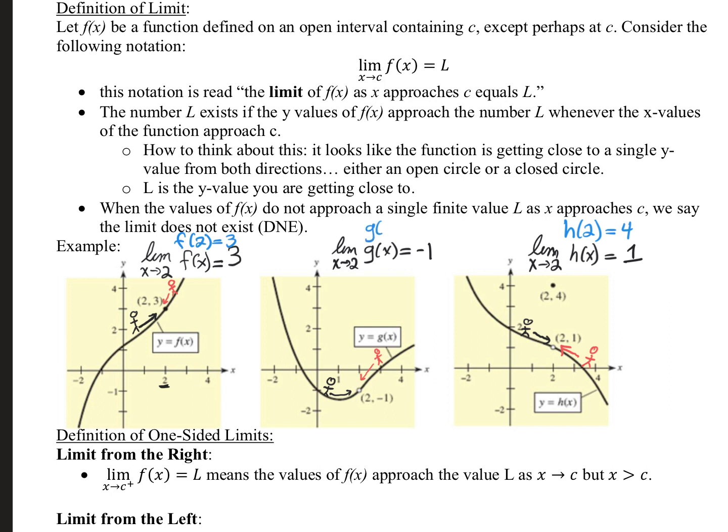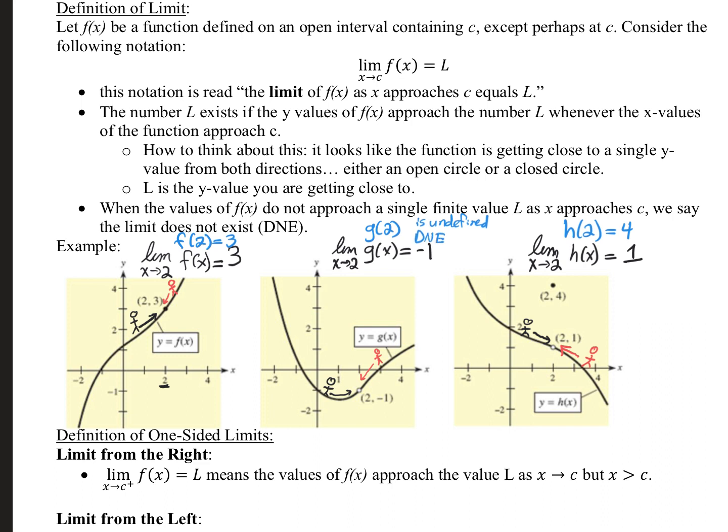Let's look at g of 2. What we see here, as we're looking at this x value of 2, is there is no place where anyone has bothered to define the function. All we see is an open circle. So the function has never been defined, and we will just say g of 2 you can either say is undefined, or you could say does not exist.